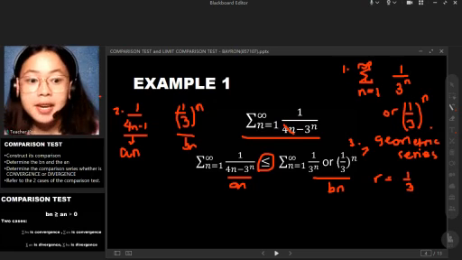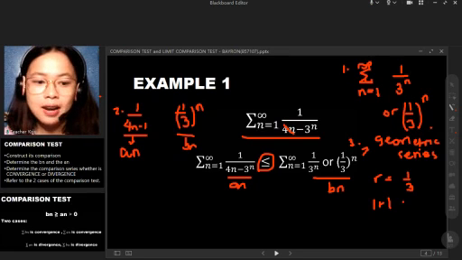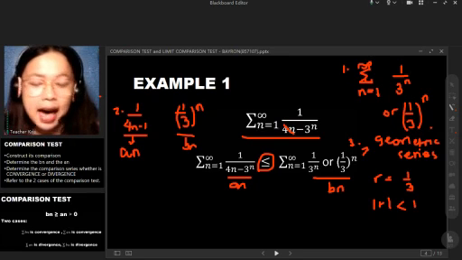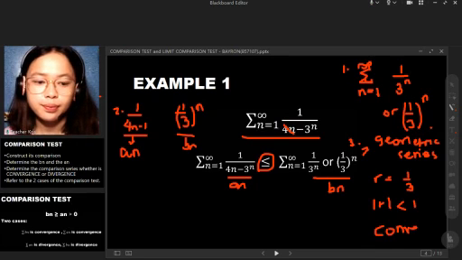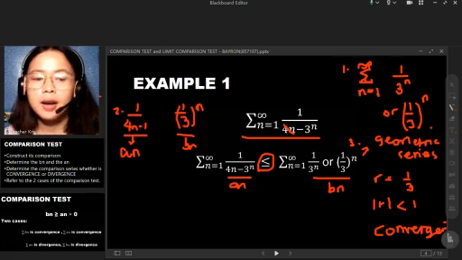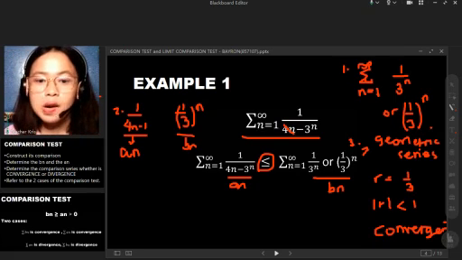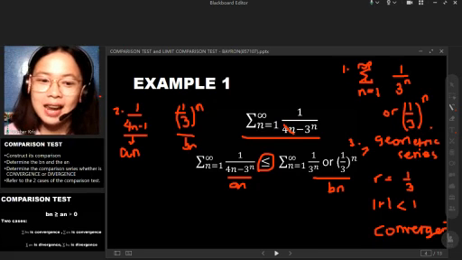And if the absolute value of r is less than 1, then we can determine that it is convergent. Okay, it is convergent.